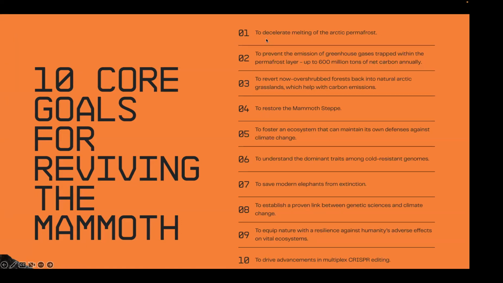So the reasons that are given are to decelerate melting of the permafrost, restoring the mammoth steppe ecosystem, which I showed to you before. The idea would be to prevent the emission of greenhouse gases, and to transform the environment that the mammoths were in, to effectively capture or sequester more carbon. And obviously there's an aim to improve technology to create resilience when we lose species, to create that technology to bring them back.